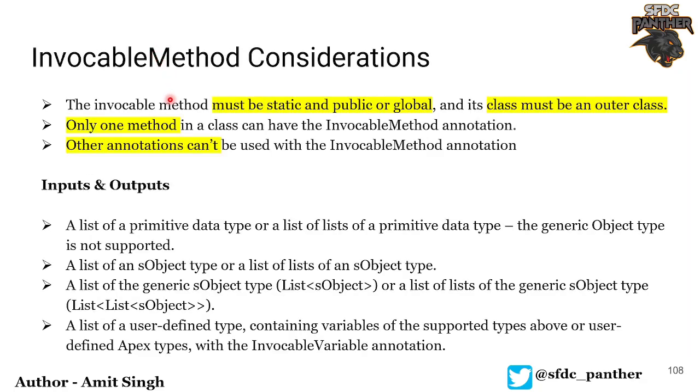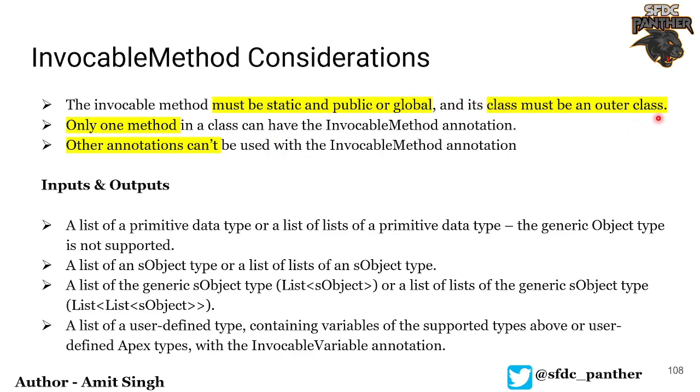Now let's talk about the various considerations for our invocable method. The first thing is that an invocable method must be static and public or global in nature. If you're creating an invocable method, you cannot make it private. The reason is that you want to refer to it in your flow builder, and that is why it must be static, so that we don't need to instantiate the Apex class.